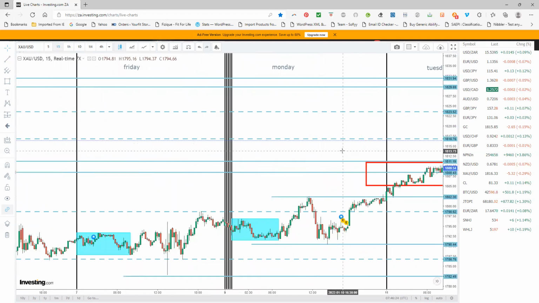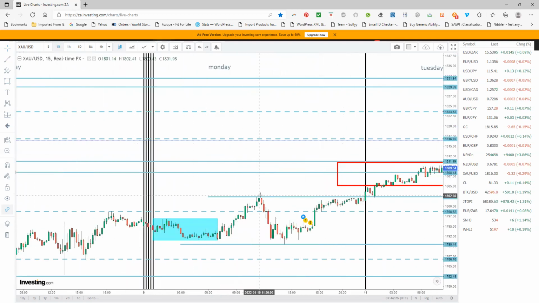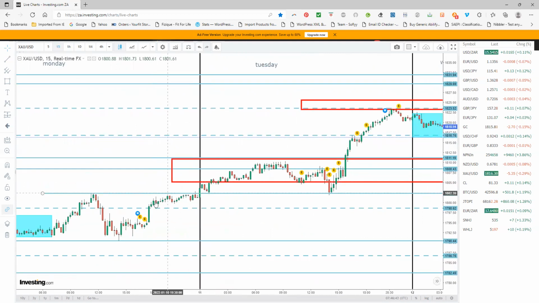So on Monday, stop hunt high, dropped all the way down. Can you see the W? Down, touch 1, touch 2, up, retrace a little bit, and then price pushed up. Yes. To the high. That was Monday. Pushed up, consolidation.